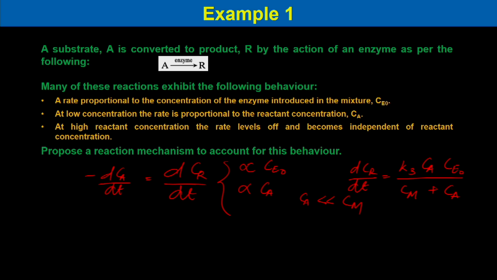So, if this is very small, from this we can write dCr/dt would be equal to K3 into Ca into Ce naught by Cm. That means K3 into Ce naught by Cm can be clubbed into a constant and it would be proportional to Ca.